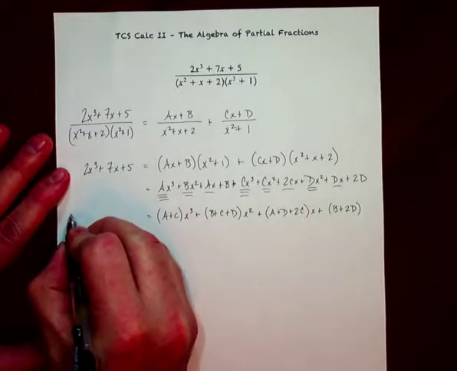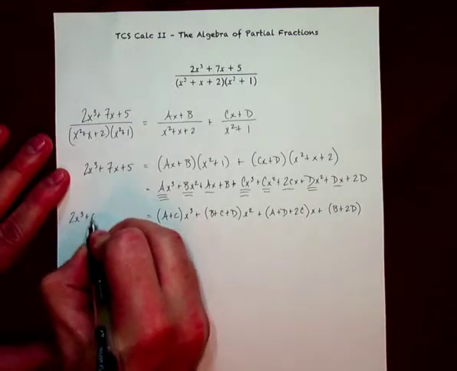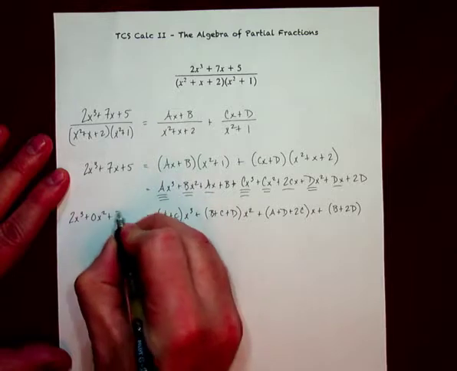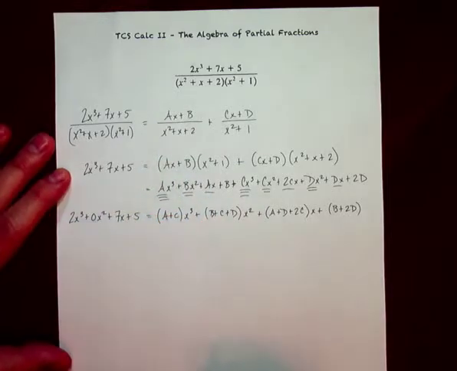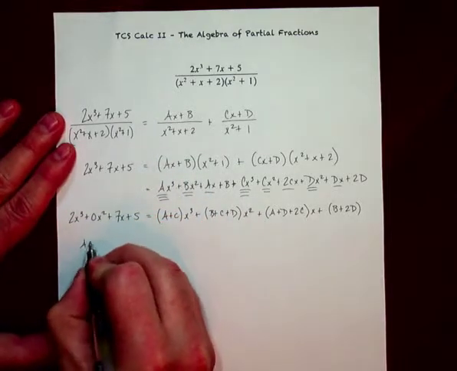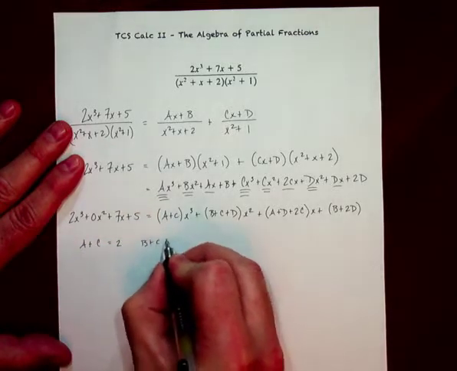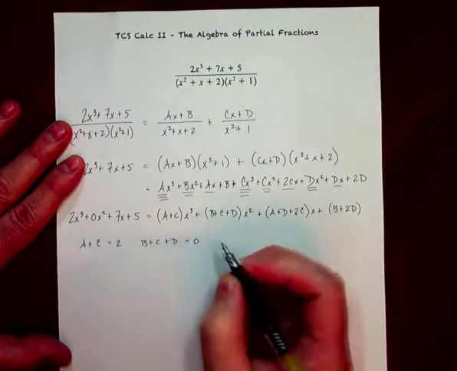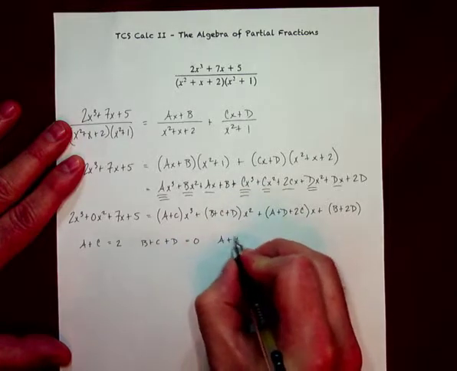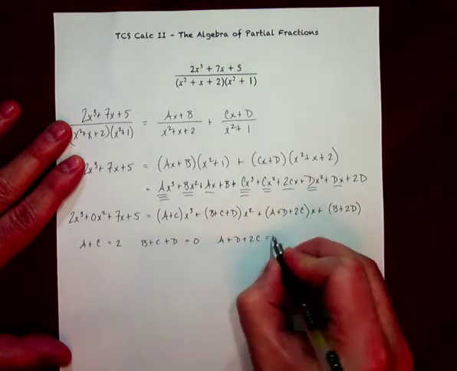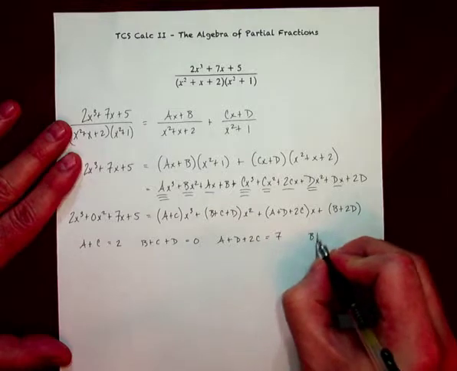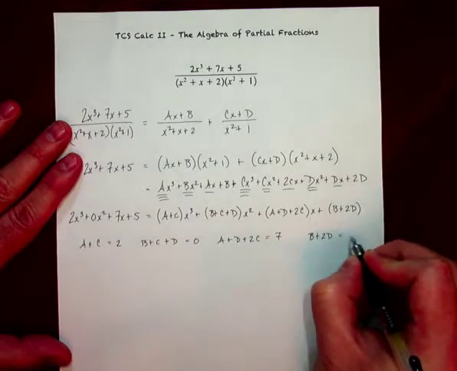And, of course, that is equal to 2x cubed, 0x squared, plus 7x plus 5. That means that a plus c is equal to 2, b plus c plus d is equal to 0, a plus d plus 2c is equal to 7, and b plus 2d is equal to 5.